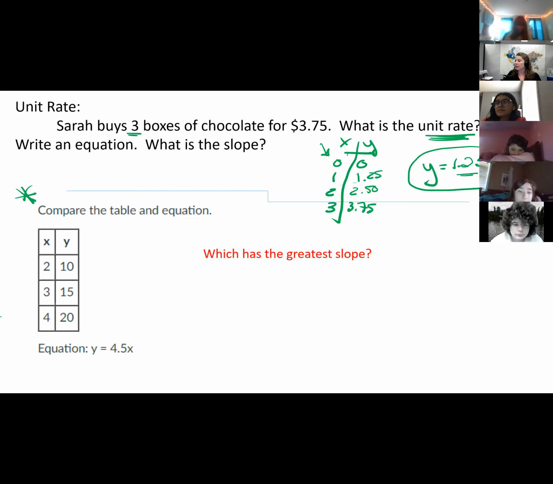Do we know the slope of either one of them? What do you think, Jaden? What's the slope of either one of them? Go ahead, Jaden. It looks like you're raising your hand. Were you going to tell me?